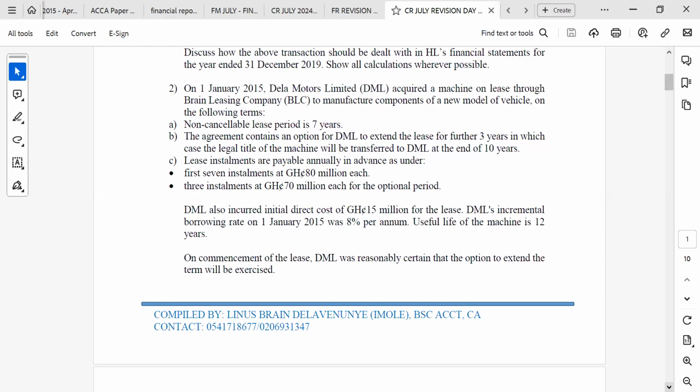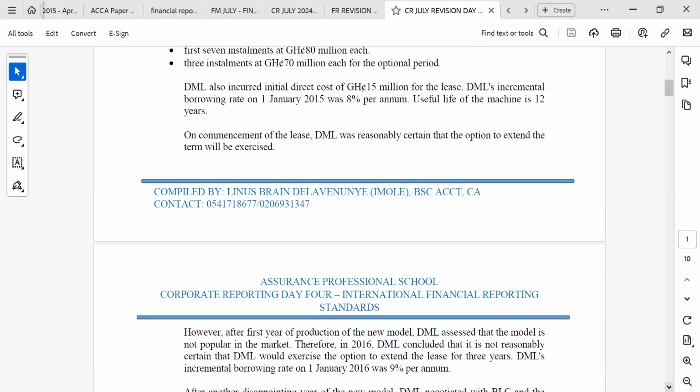DML also incurred initial direct cost of 15 million Ghana cedis for the lease. DML's incremental borrowing rate as at 1st January 2015 was 8% per annum. Useful life of the machine is 12 years. On commencement of the lease, DML was reasonably certain that the option to extend the term would be exercised.